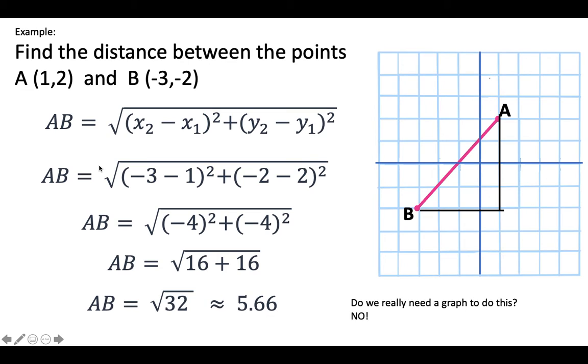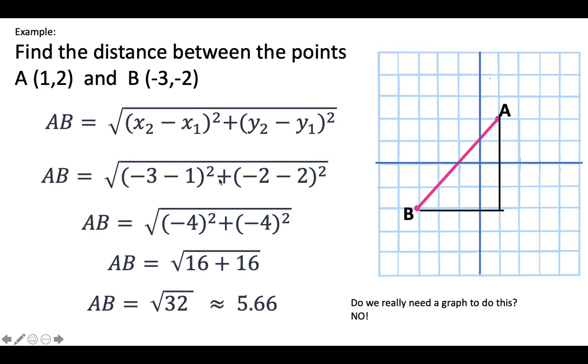So let's do it. The second x minus the first x. Well, where is the second x? It doesn't matter if your 1 is your second x or if your -3 is your second x, but make sure that it's the first part of the coordinate pair that's your x's. So we're going to use -3 minus 1. Those are my x's, right? They're coming first.